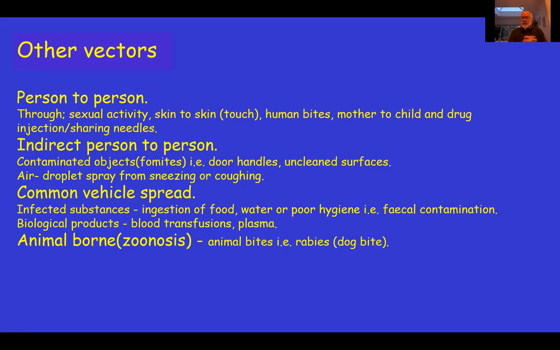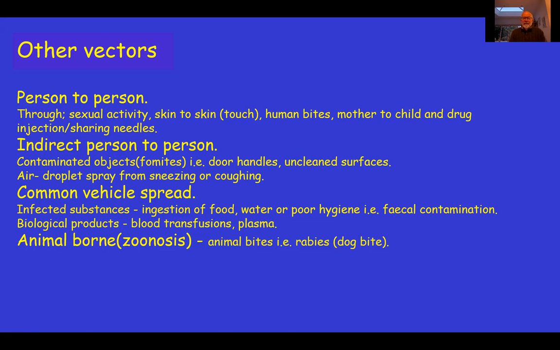Certain diseases such as leprosy, for example, can be transmitted from human to human. There are different types of leprosy; one isn't transmitted, one is by touch. Human bites, animal bites. There are certain diseases, for example with animals, you'll see lower down. Mother to child, while the child is developing, and through drug injections, particularly hepatitis, sharing needles.